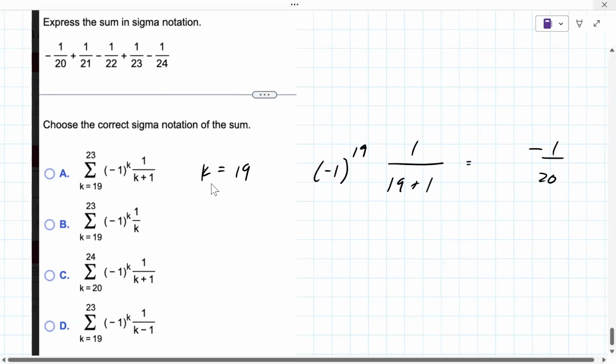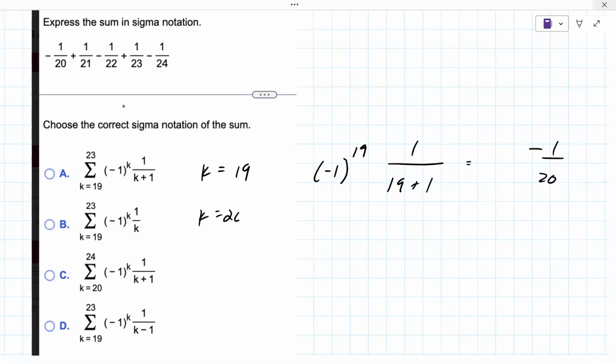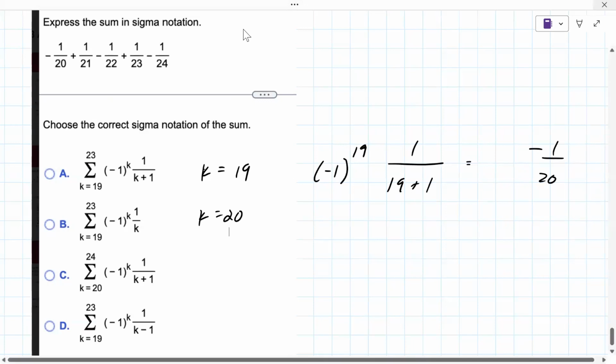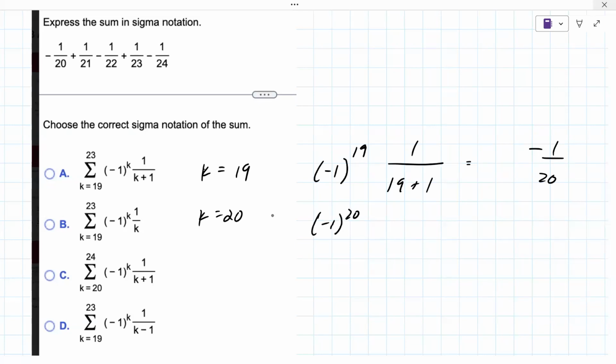Your choice now is to say, okay, it worked for the first one. Let me try k equals 20, or you could go to B and figure out if B was wrong. I don't know what to tell you as far as a better approach, but let's just try this. Okay. So this is 1 over 21. What is -1 to the power of 20?